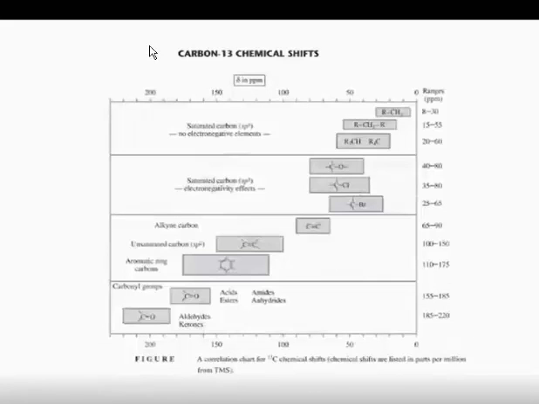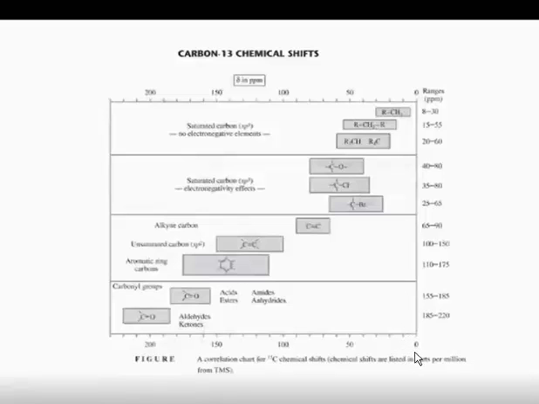In this slide, we show a chart of carbon-13 chemical shifts. If you compare and contrast with other charts that we've shown for the proton chemical shifts, you notice the one obvious difference is the range of delta values for C13. The range for C13 is much broader than for proton.